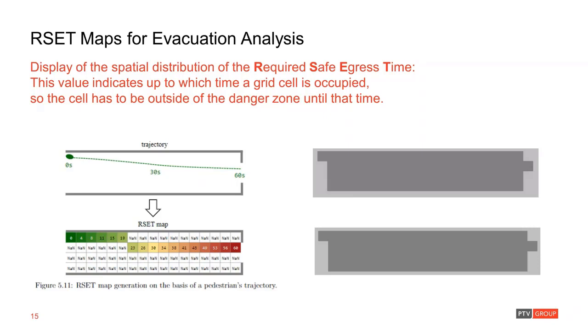So the planner knows that this location inside the building has to be outside of the concrete danger, say fire, smoke, and so on, until that time. So it's not to be confused with the time required for evacuation from that point, but the latest time when a pedestrian is at that location.